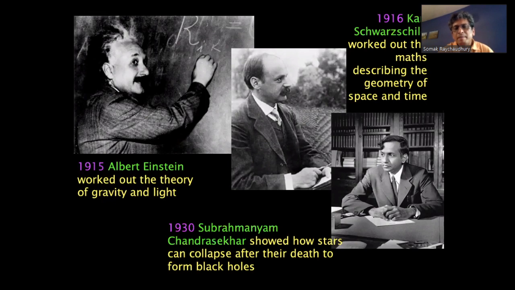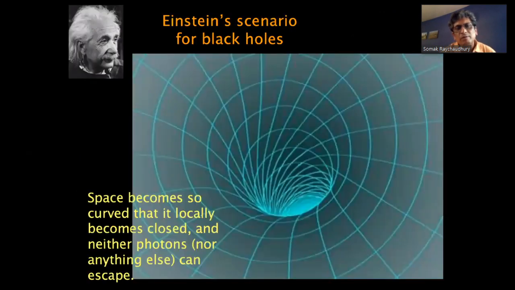Subramanian Chandrasekhar came up in the 1930s as a student going to the University of Cambridge, working on the idea of how a star evolves and applying the laws of quantum mechanics to stars for the first time, and finding what happens when a star ends its life and how things collapse and can form objects of very high density that can be called black holes.